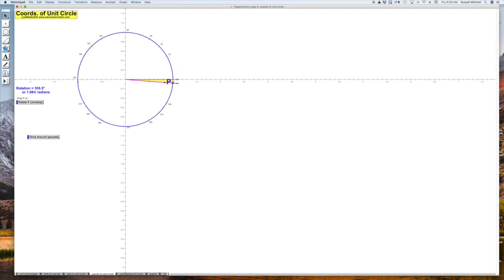Pi over 6's, okay? So pi over 6, I'd want to break 0 to pi into 6 equal angles. Each one would therefore have to be 30 degrees, okay?